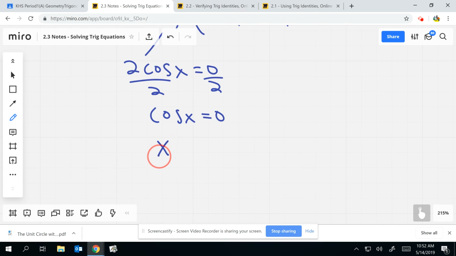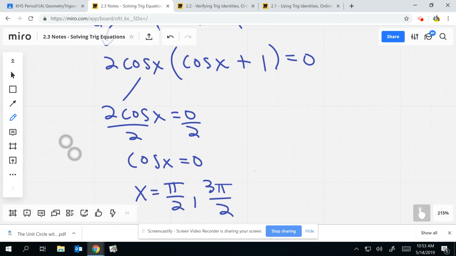So x could equal pi over 2 and 3 pi over 2. Remember, they're asking for an interval this time, so I need to list both answers. I don't need to put plus n pi or anything like that. I just need the answers that are on my chart. So in that case, I'm going to get pi over 2 and 3 pi over 2.